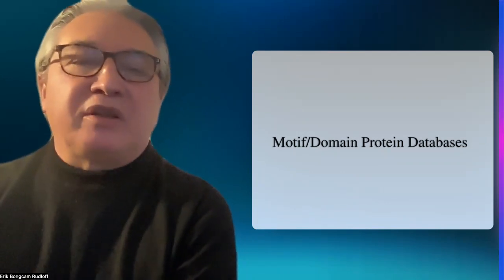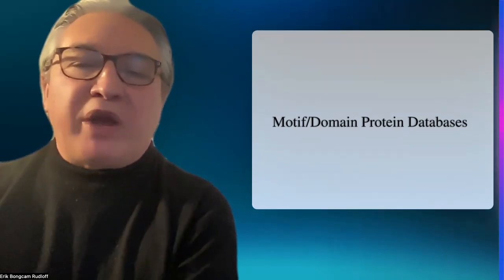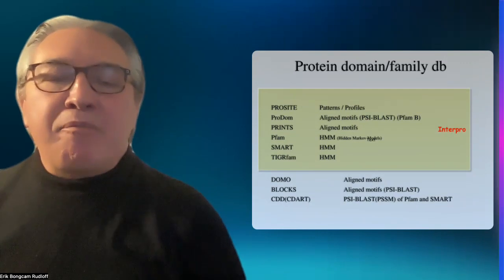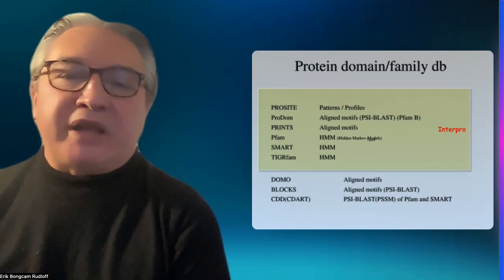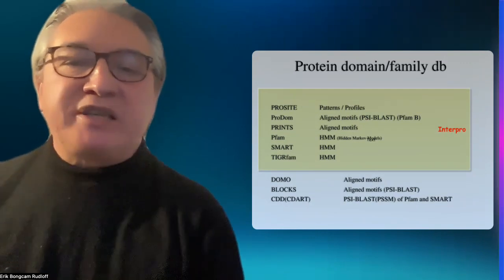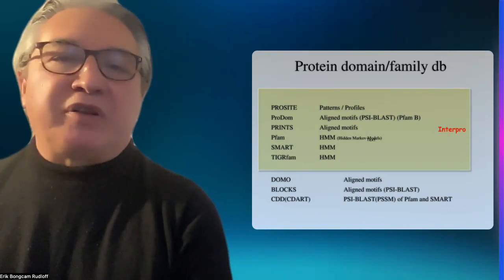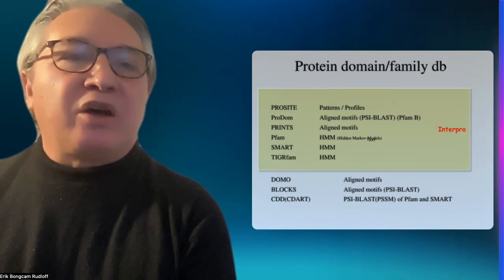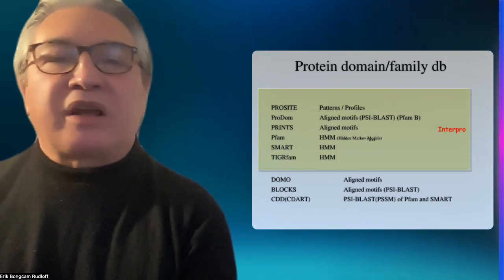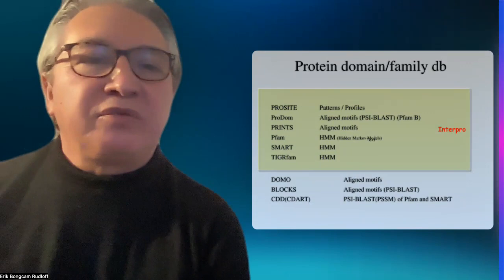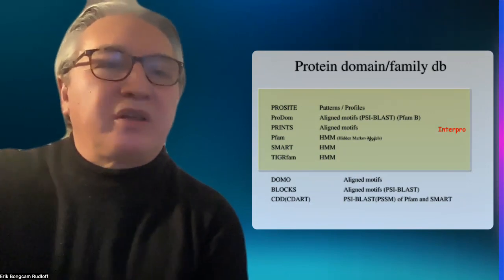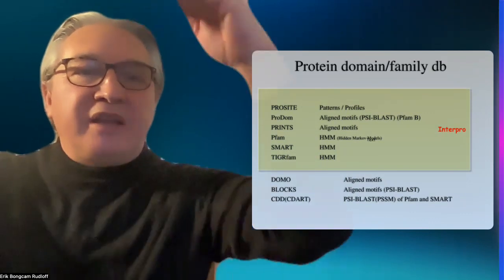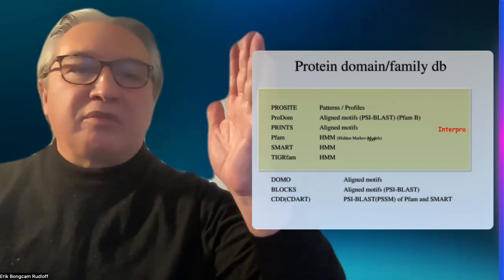There are different names for the different ways that people have taken care of this, and there are many databases that have been created with this. The basic way of creating these databases is very simple. They take a lot of sequences with well-known function, if possible from different species, and align them along the whole length.